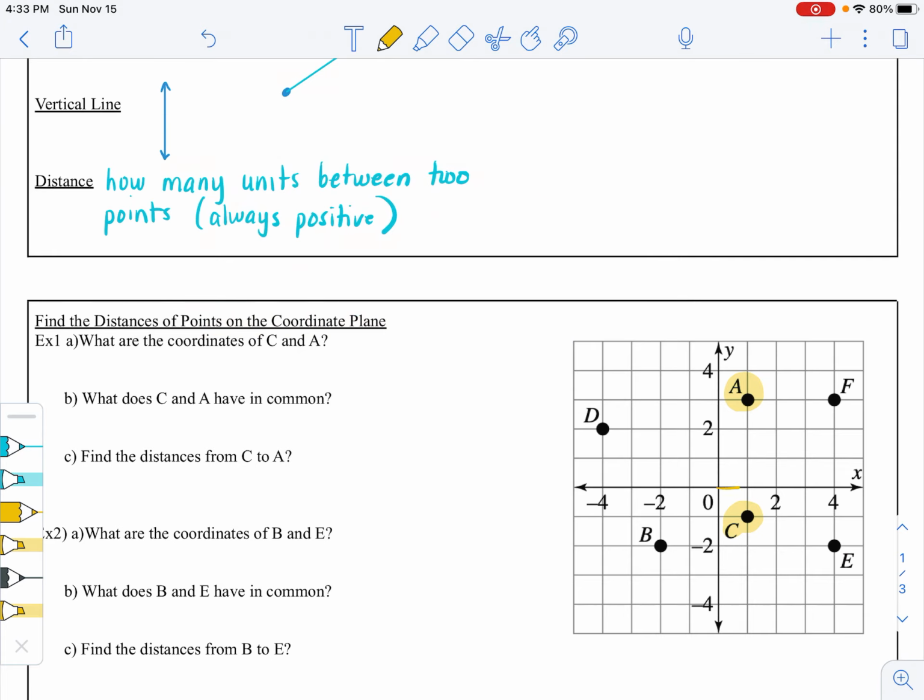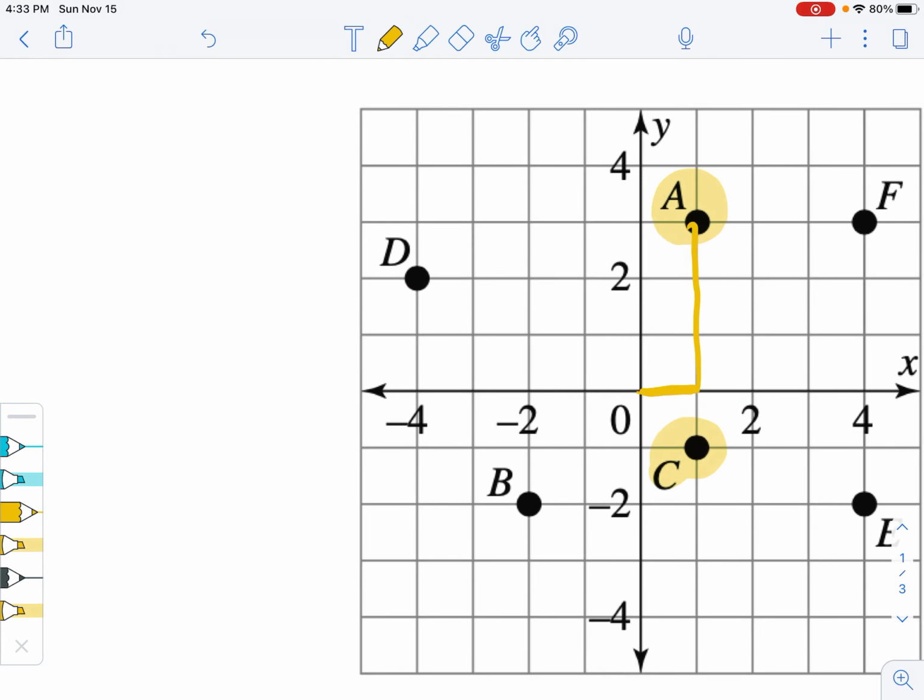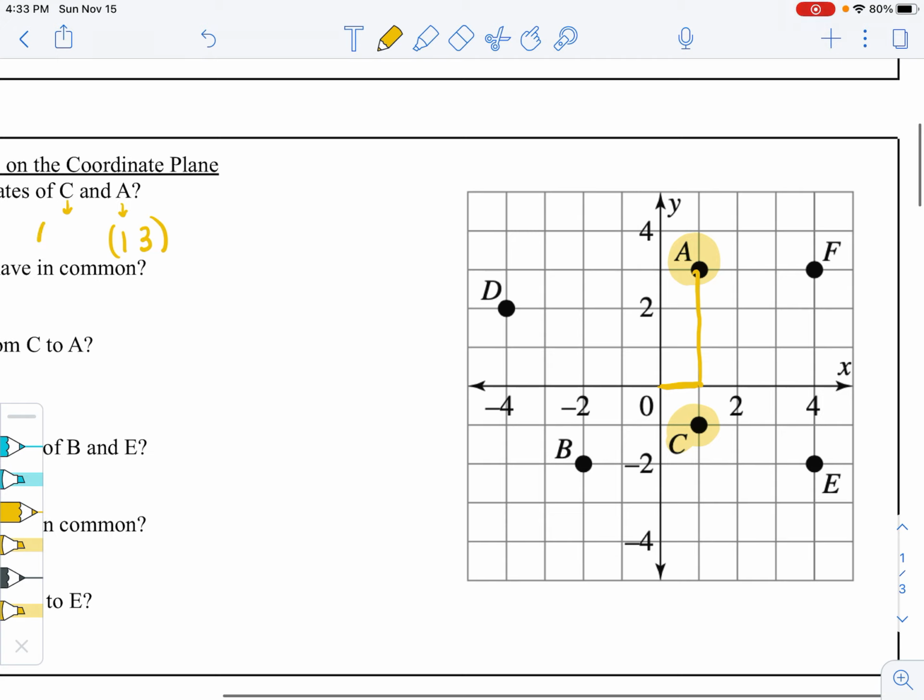A, we have to go over to +1, so our x value is +1, and then our y value, we have to go up 3 to get there, so 1, 3. And our C value is very similar. We have to go over to 1 again, but this time we have to go down 1, so we have -1. So C is 1, -1, and A is 1, 3.